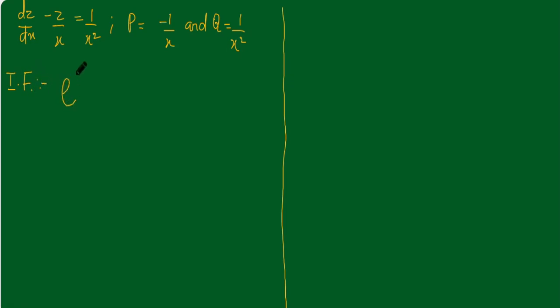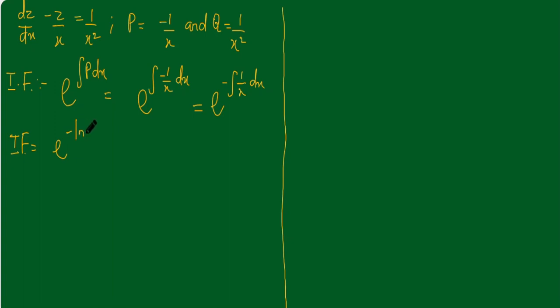So the next thing is we find our integrating factor. Our integrating factor is now e raised to power integral of p dx, which is e raised to power integral of minus 1 over x dx, which is e raised to power minus integral of 1 over x dx. So our integrating factor is now equal to e raised to power minus ln x, which is equal to e raised to power ln 1 over x. Our integrating factor becomes 1 over x.